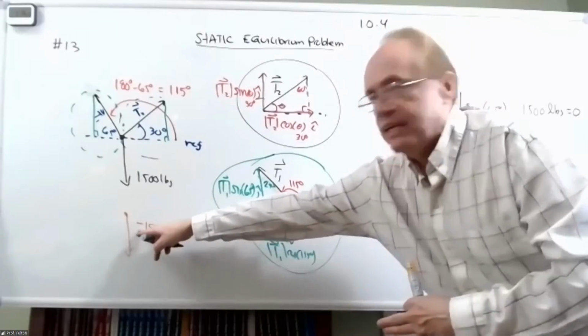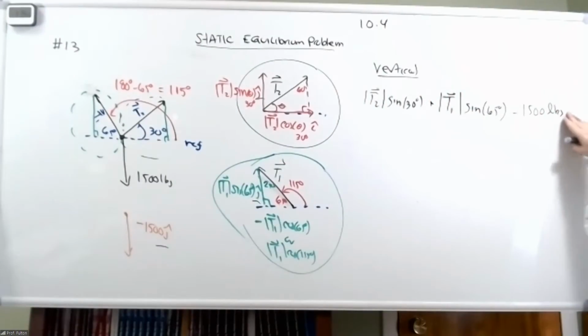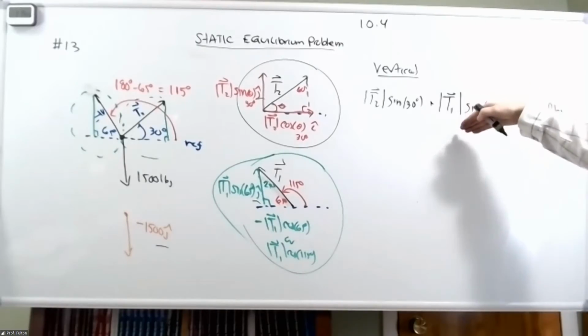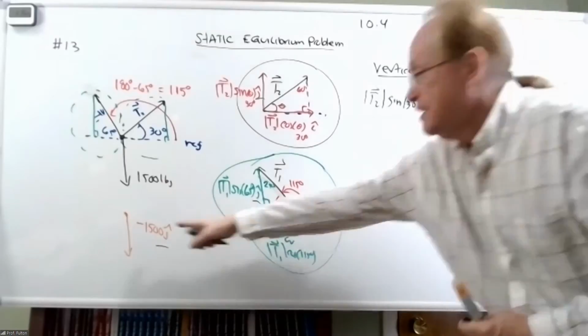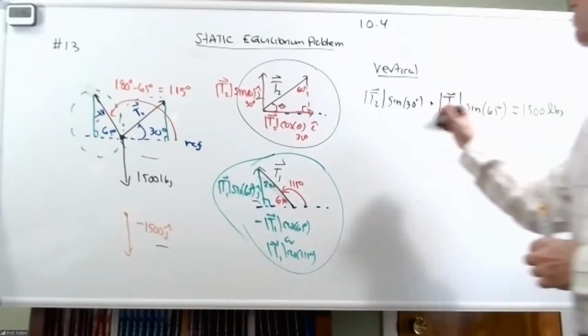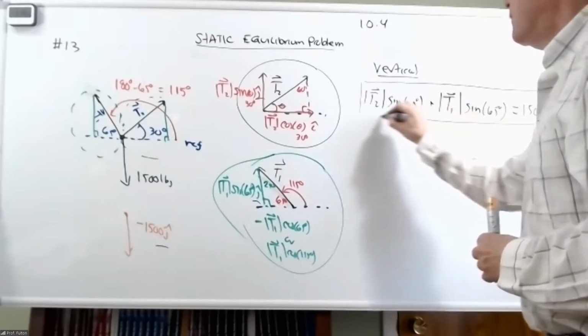But if I move it to the other side of the equation, it becomes positive. So this is one equation that I have by summing all the vertical forces.